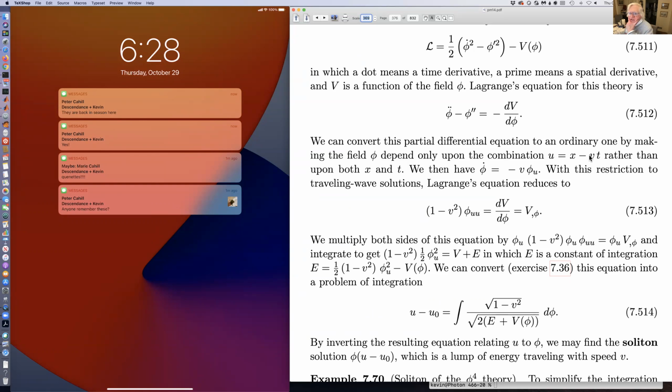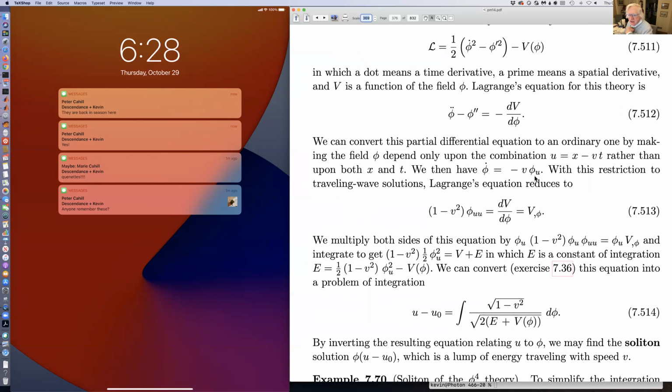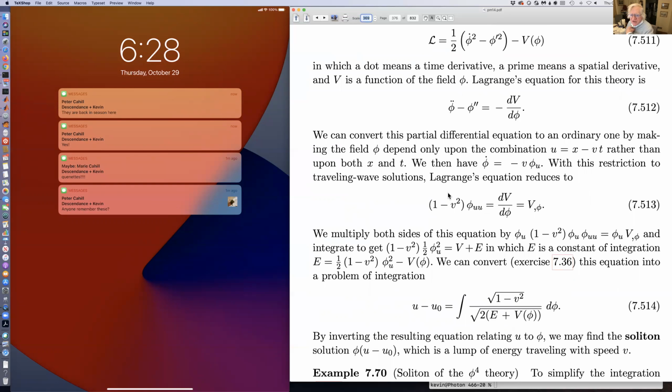One is you can say, well, this part here has a simple form if we write the field as a function of u equals x minus vt, and then phi dot is minus v times the u derivative, and so this left-hand side turns into basically v squared minus 1 times the second u derivative. And so that is then the phi derivative of V.